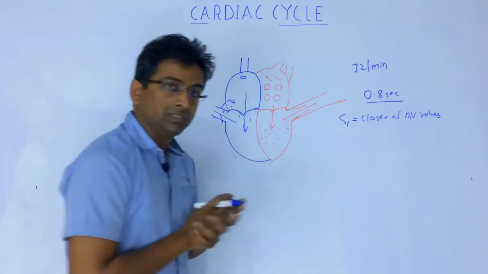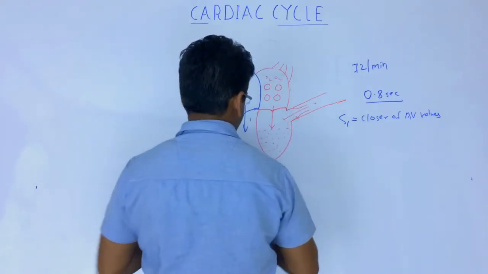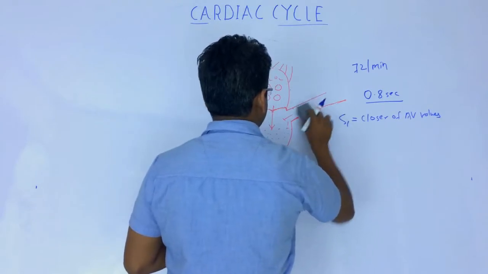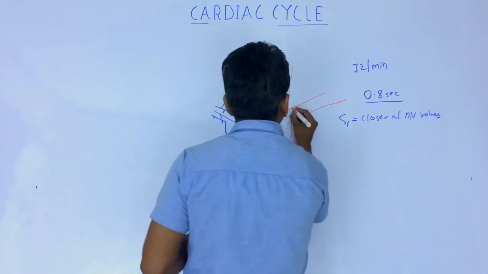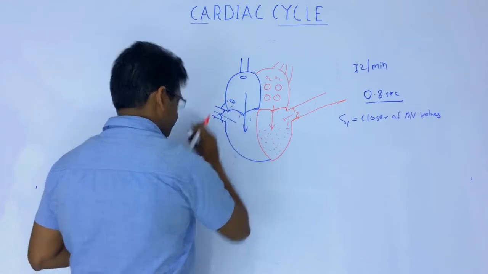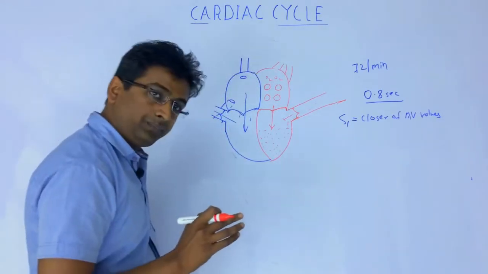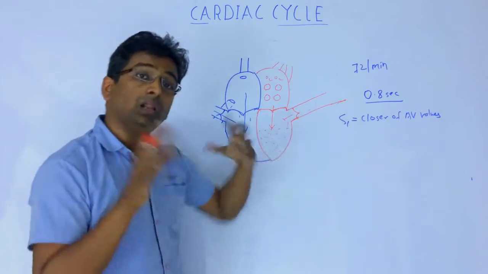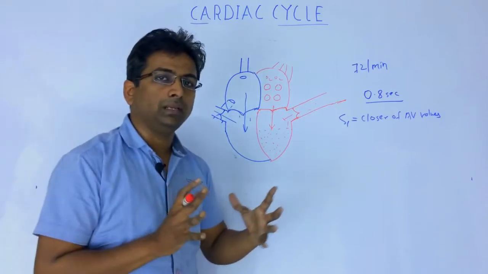Now let us see what happens next. Here the semilunar valves are closed at this point. When ventricular systole has just started, or during diastole, the semilunar valves are closed. Both sided semilunar valves are closed. Okay. Now ventricular systole has started, the AV valves are closed, the semilunar valves are already closed, and still the ventricle is contracting.